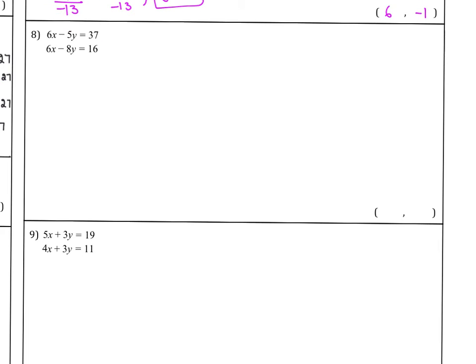For question number 8, I can see that the 6x and 6x are the same, but they are not opposite in sign. So when we add them, we cannot cancel them. We have to make one of the 6x negative. In order to do that, we multiply either the first equation or the second equation by negative 1.